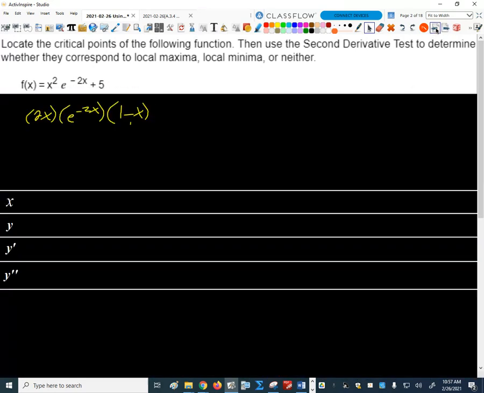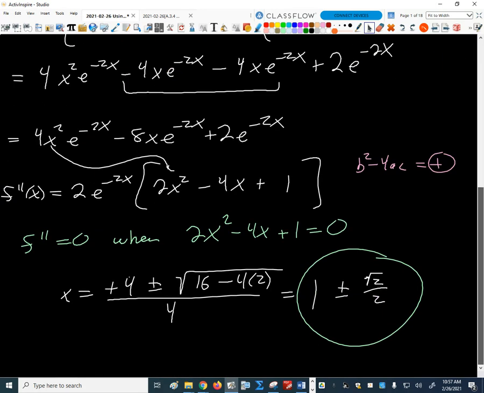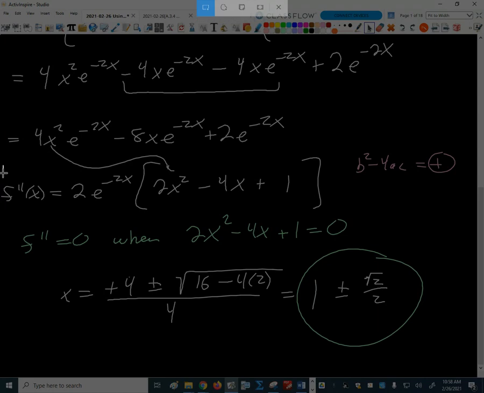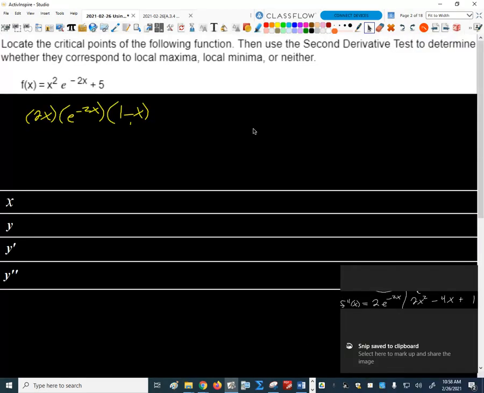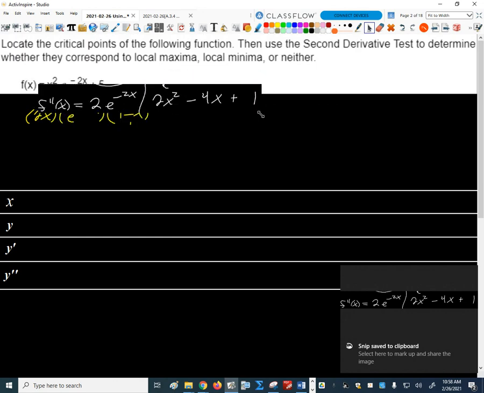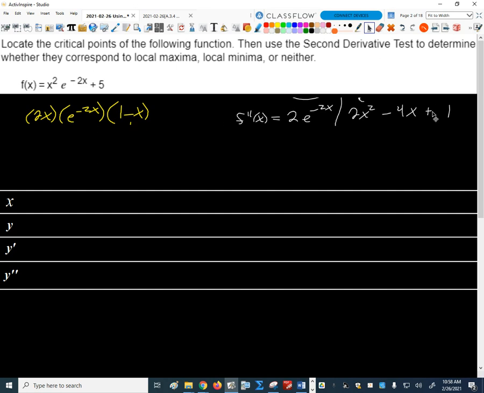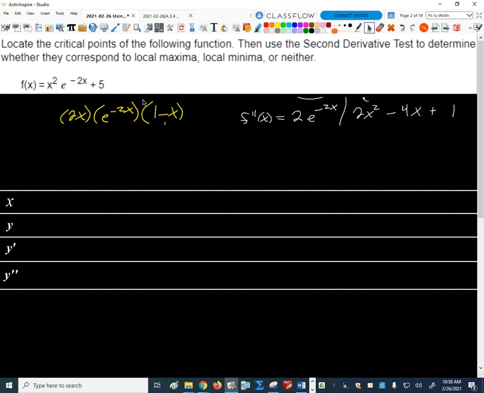And our second derivative. Okay. There we go.